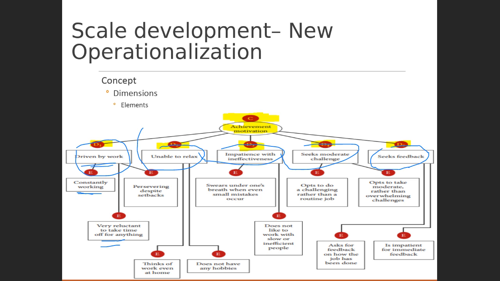And the third question is that you're showing perseverance despite a setback. So these are the 3 questions which are used to measure the driven by work dimension, and the driven by work dimension is used to measure the achievement motivation concept. Similarly, there are other 4 dimensions as well.